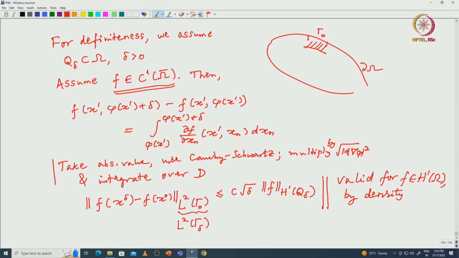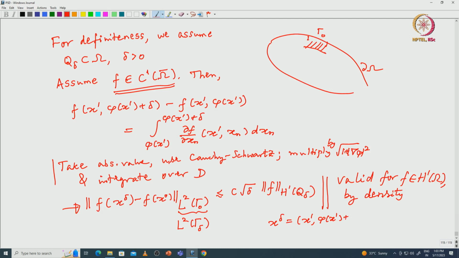Okay. So, this is what I was referring to. So, this is starting with a small piece gamma 0. I forgot to tell what is this x. So, this x delta is x prime, phi x prime plus delta.